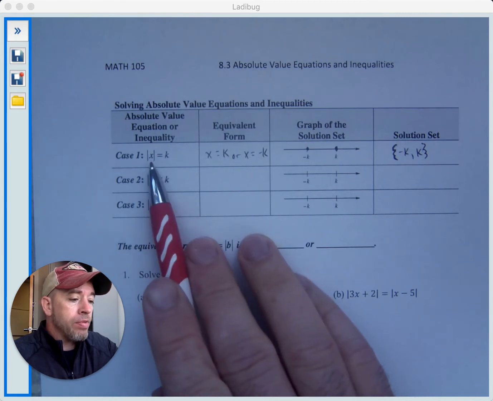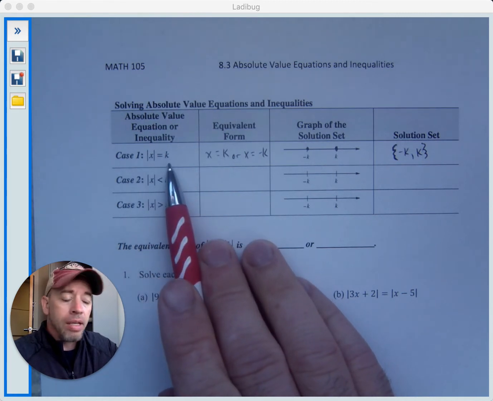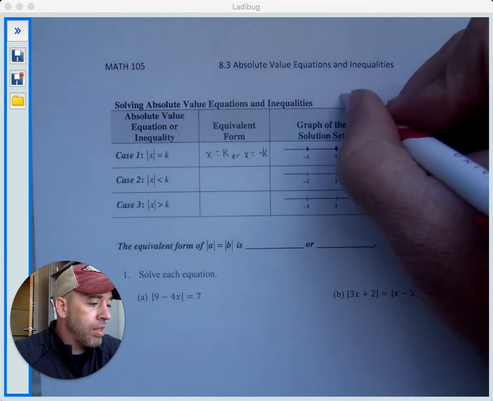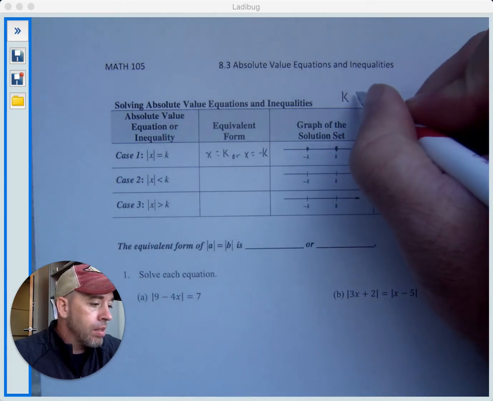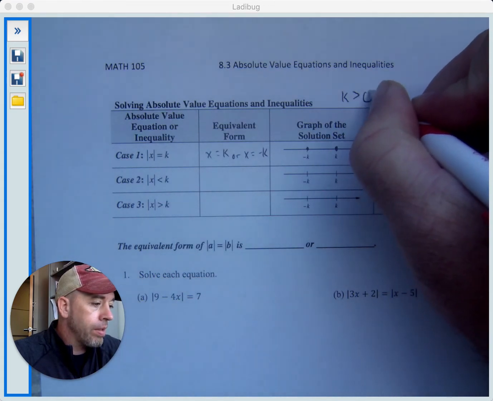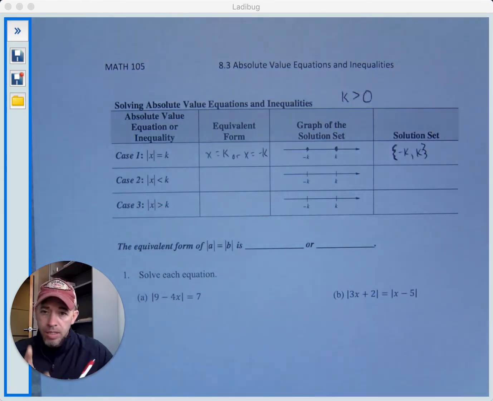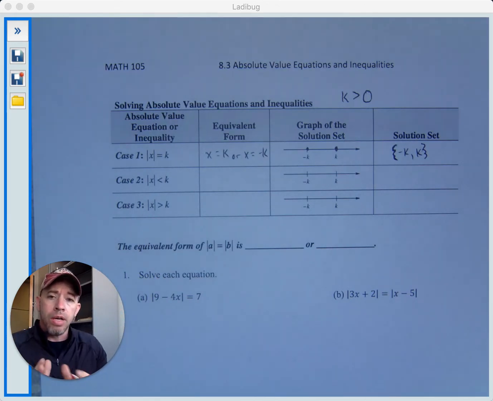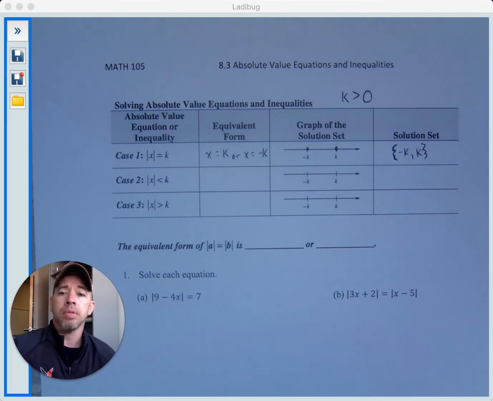You can't have the absolute value equal to a negative. And so all these cases only work if k is greater than 0. So that's something to keep in mind. If k is less than 0, or if k is equal to 0, there are some other things that happen, and we'll have to take those case by case. We'll have some examples of that a little bit later.